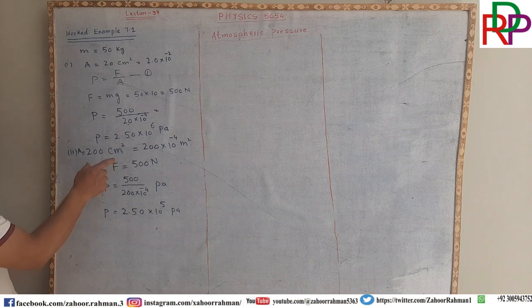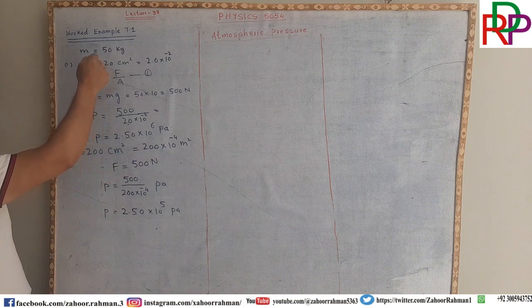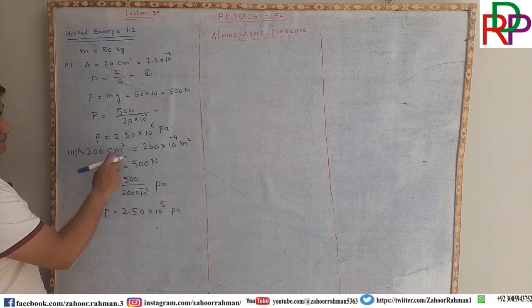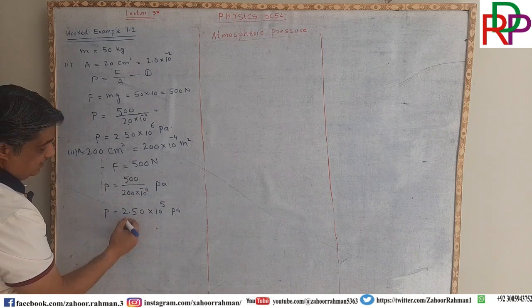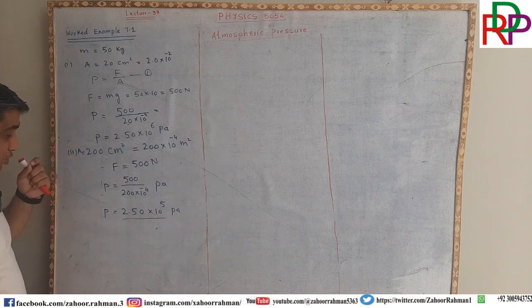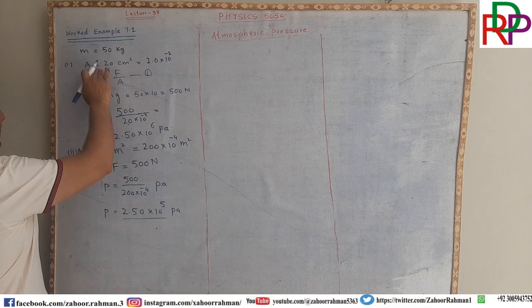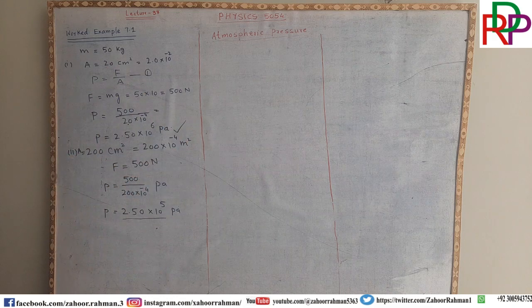When the area in contact is 200 centimeter square, ten times the first case, we get a pressure of 2.5 into 10 raised to the power 5. Less area in contact, more pressure.